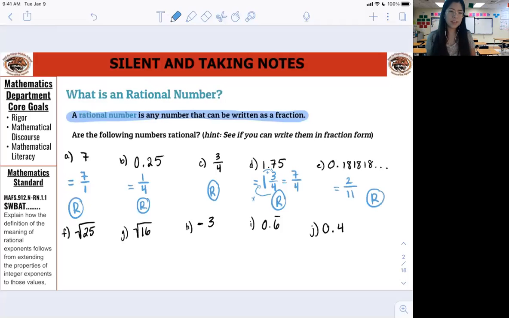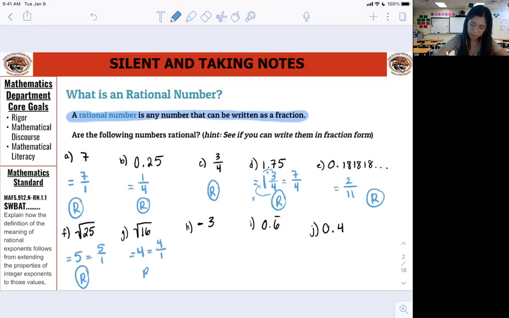But let's keep going. Square root of 25. 5, which is the same as 5/1. That's definitely rational. How about square root of 16? It's 4. Rational. -3.